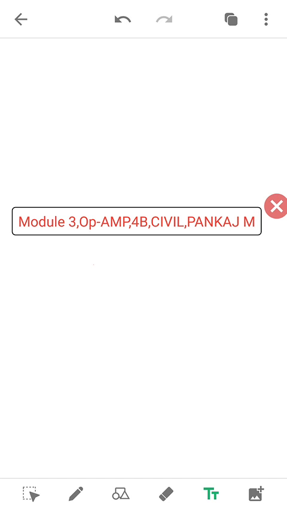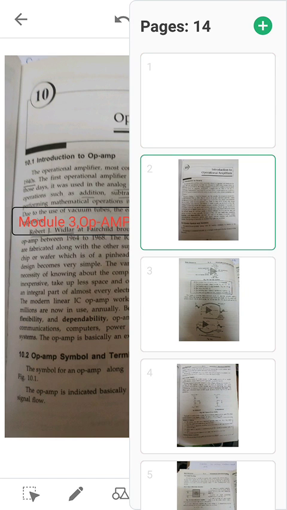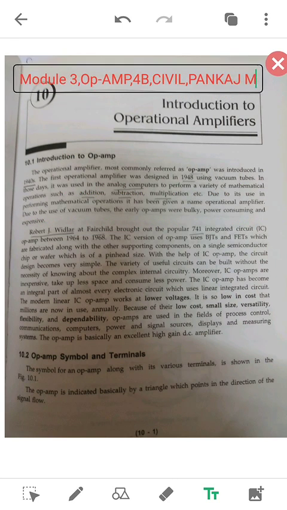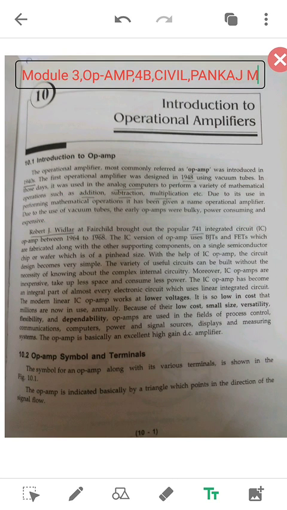Next, the semiconductor type of operational amplifier was invented around 1968 by Robert J. Widlar at the Fairchild company.